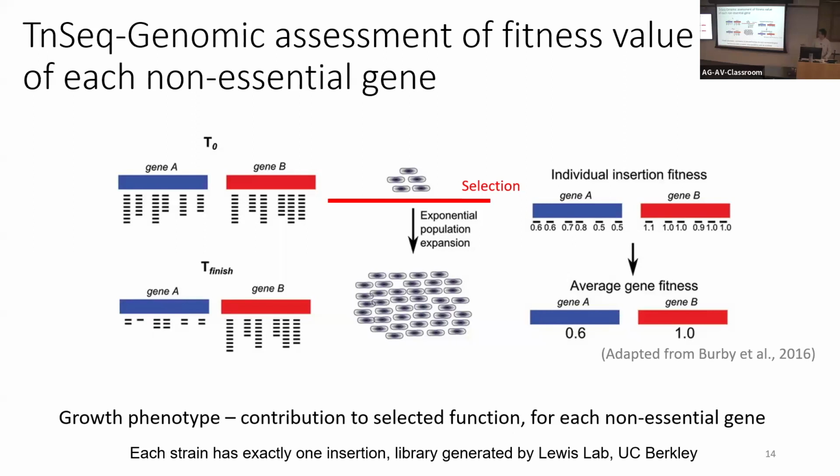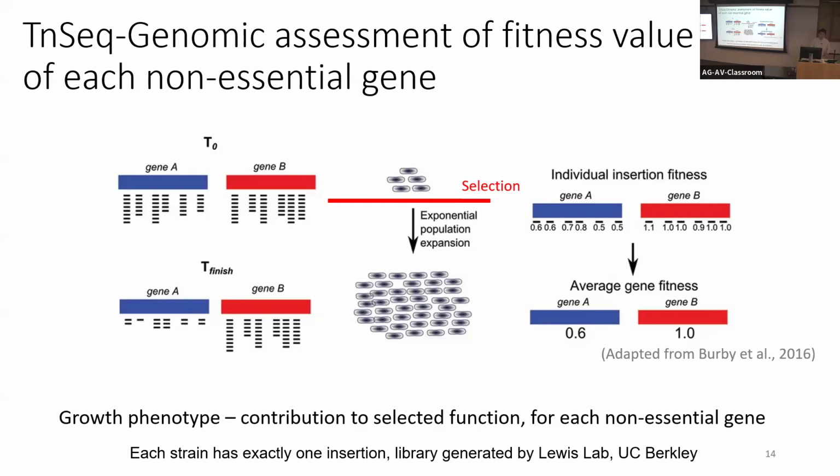So that will be a ratio that is either below 1, equal to 1, or above 1. And this helps us to establish a link between a growth genotype to a gene's function, to a gene's contribution to a selected function. And this selection is totally arbitrary. We can manipulate it as we want.